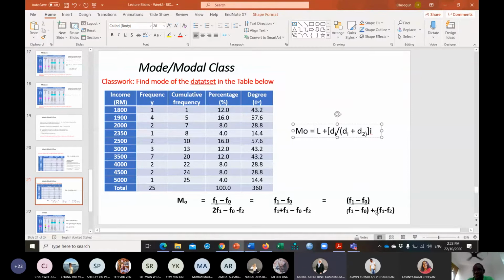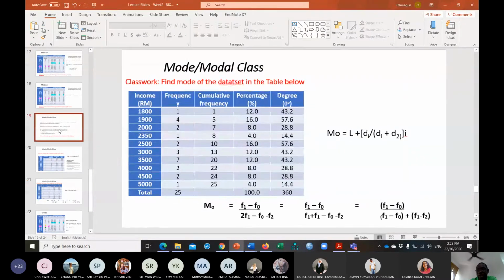Yes. Good. Remember, I told you that D1 is the difference between the frequency of the modal class minus the frequency of the class before the modal. That is F1 minus F0. It's the same thing as D1. Do we agree? Let me look at it again.